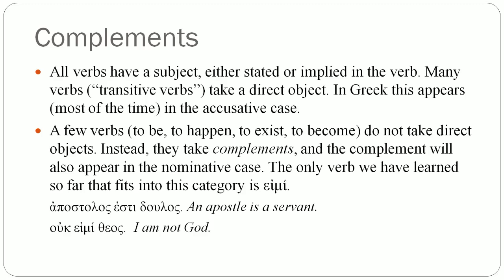Right? And so, in this case, word order does somewhat come into play. Okay, in Greek, when you have this situation where you have an equative state of being verb, and then you have a subject and a complement, the subject is usually going to be the one that's listed first, usually. All right, so apostle is the subject, doulos is the complement, and they are both in the nominative case. Okay, an apostle is a servant.